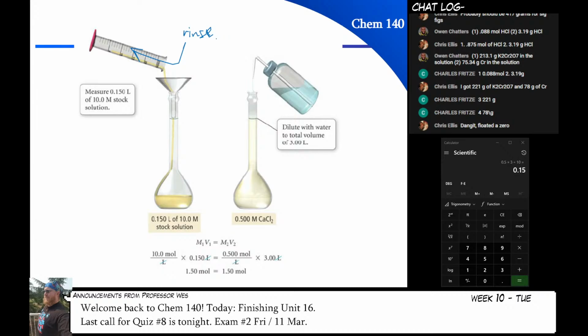And then fill to the line, just like before, so your meniscus lands right on the line. Down here, you can see that it says M1V1 equals M2V2 instead of S and D. It's the same thing. The subscripts don't matter.